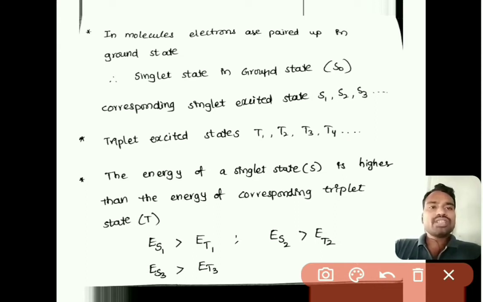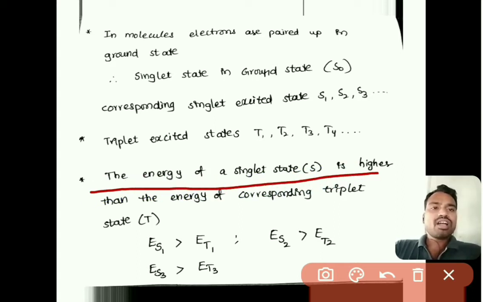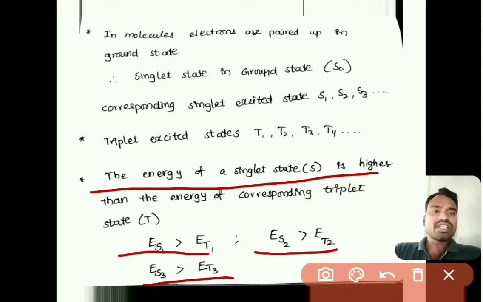So the energy of a singlet state is always higher than the corresponding triplet state. That means the energy of S1 is greater than the energy of T1, the energy of S2 is greater than the energy of T2, the energy of S3 is greater than the energy of T3, the energy of S4 is greater than the energy of T4.